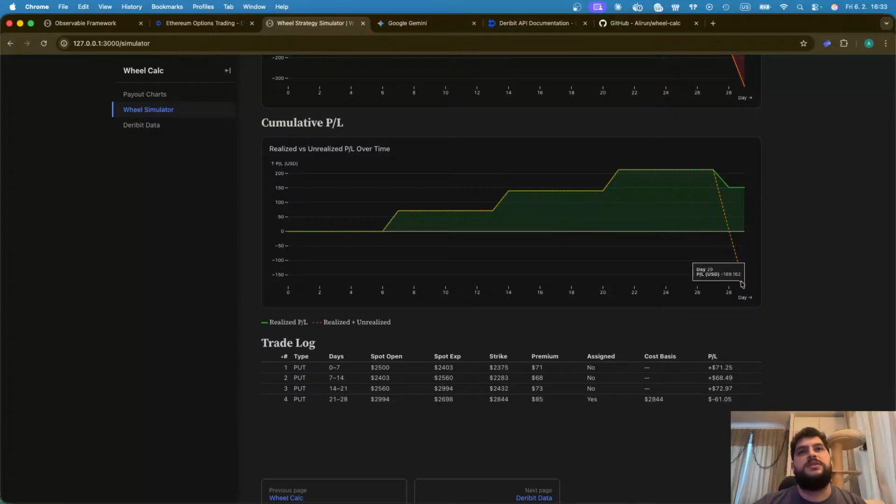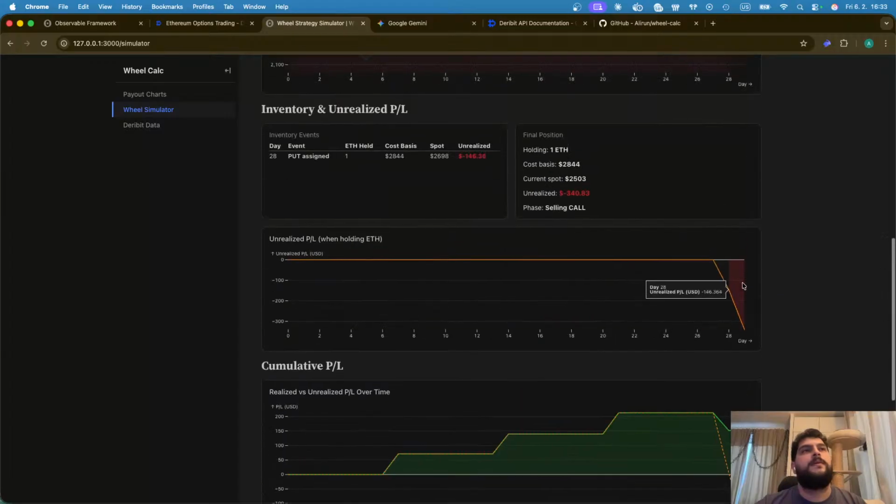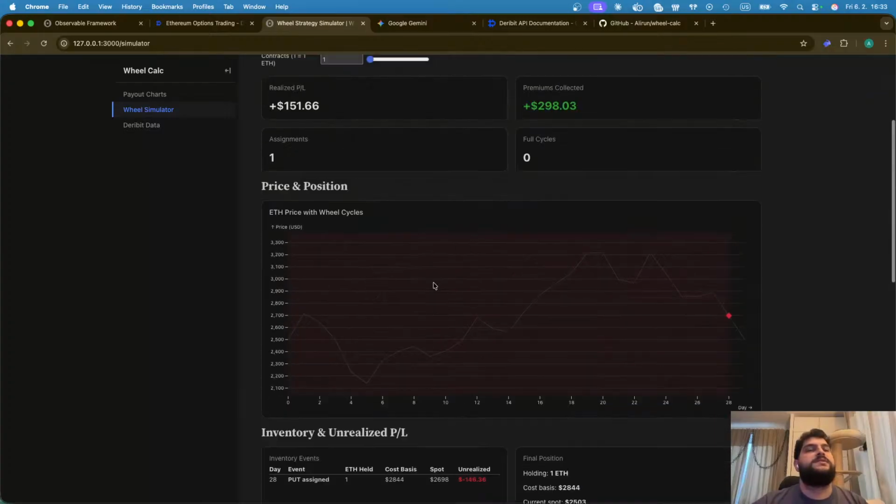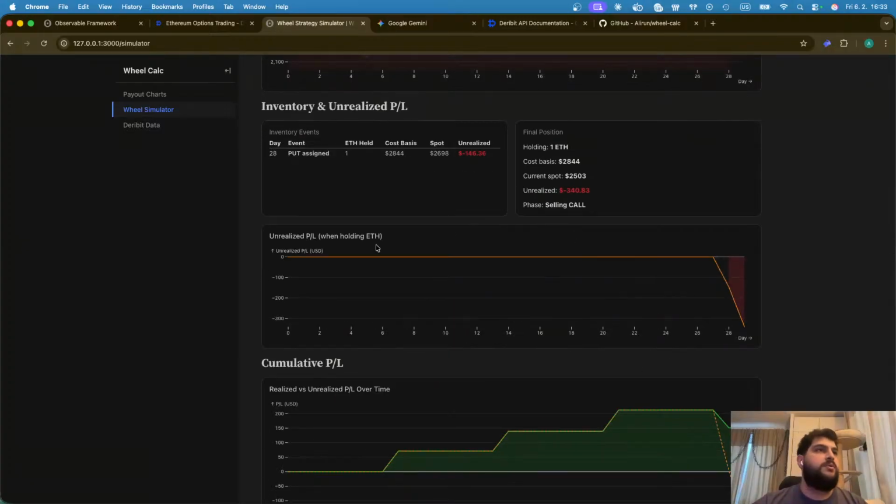I don't get why it's -1 here. Okay. Let's just increase the amount of. Oh, we have a new chart here also when holding Ethereum, unrealized PNL.